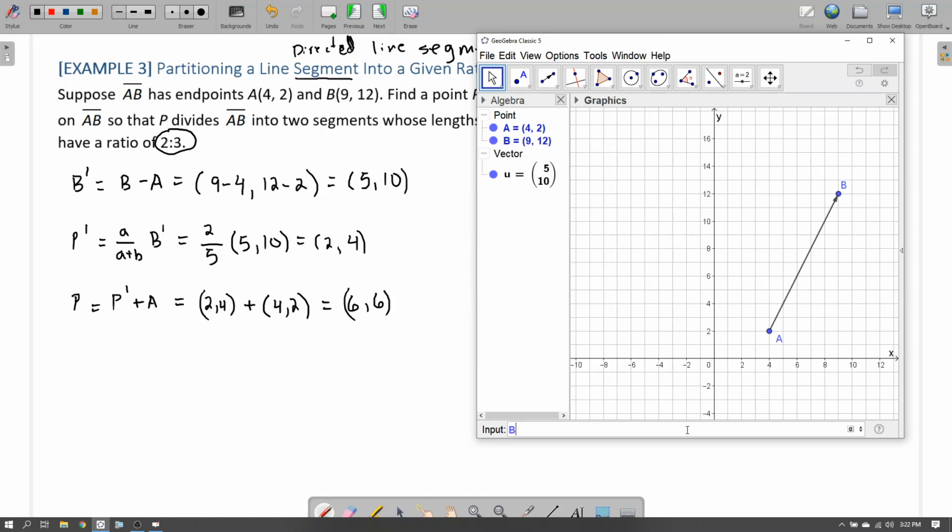So we said B prime is supposed to be B minus A. And you can see B prime over here, 5, 10, same point. Then A prime is just the origin. You could think of it as A minus A, but that is obviously the origin. Let's go ahead and connect those with a directed line segment.